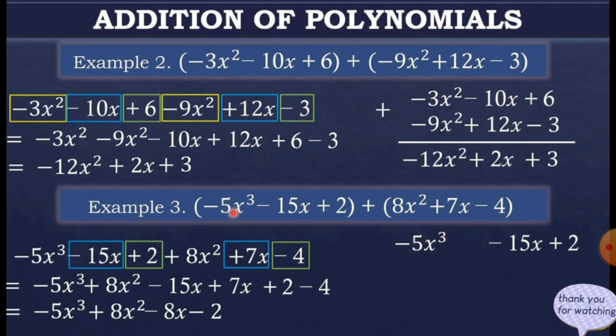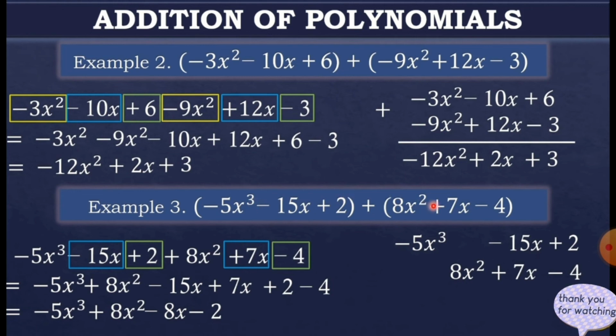So since walang x square next to negative 5x cubed, so just leave it blank. Para sa 8x square, dito natin itapat sa may space. Okay? And then, ang 7x dito itapat sa negative 15x. And negative 4 sa positive 2.